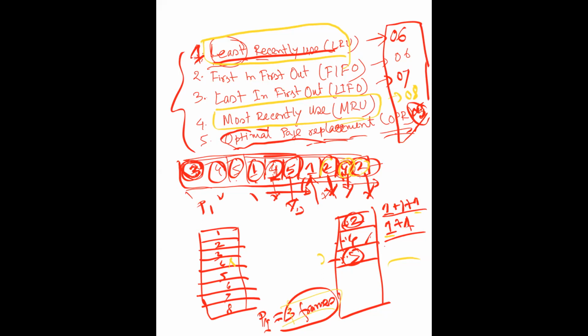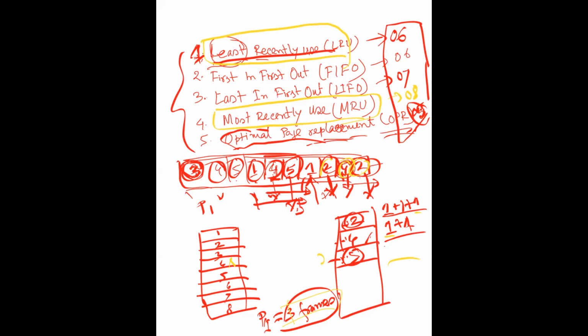But the problem is you cannot actually practically implement this type of algorithm. Why? Here you need to actually predict the future. In the near future, which page your CPU wants to refer to, means you have to look at the future, but we don't know. We don't exactly know which page will be referred by the CPU in the near future.